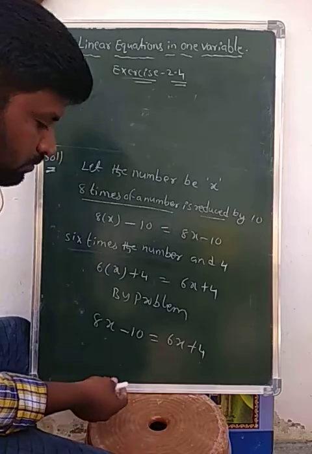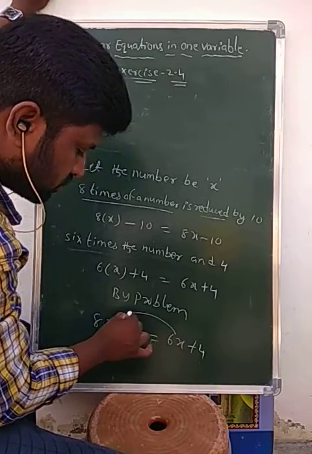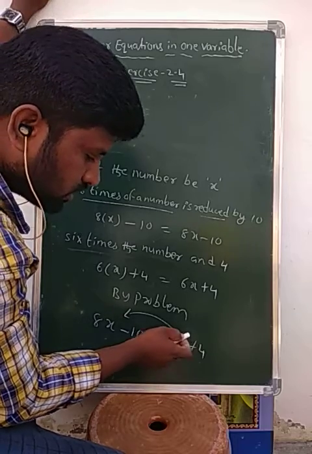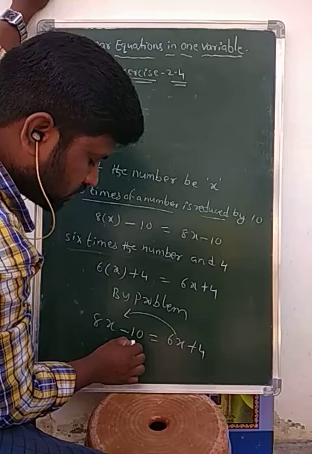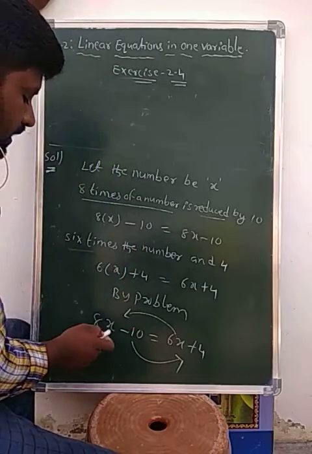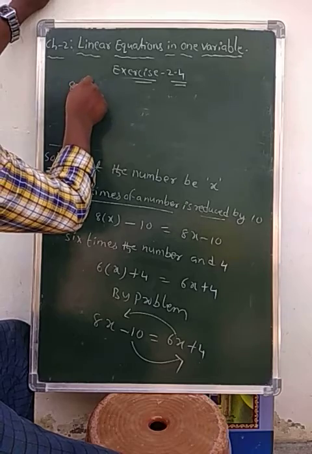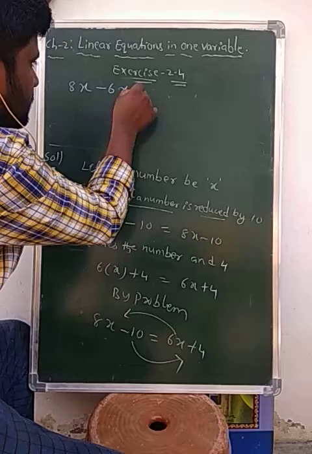Now what I'm doing here: plus 6x is transposing from RHS to LHS, and minus 10 is transposing from LHS to RHS. Here 8x is already there, and plus 6x transposing to the LHS side becomes minus 6x.